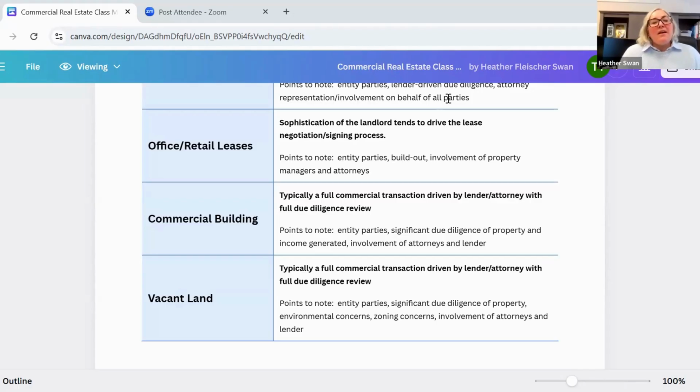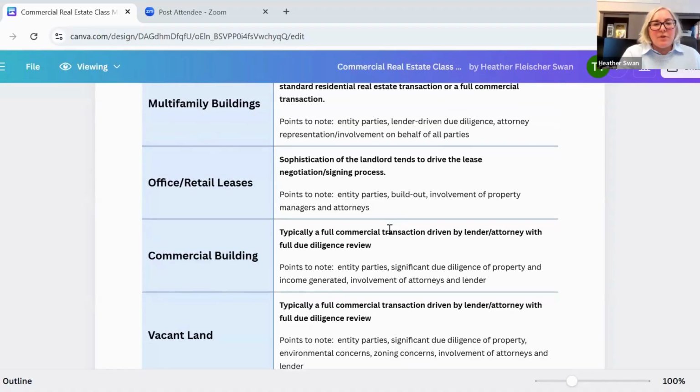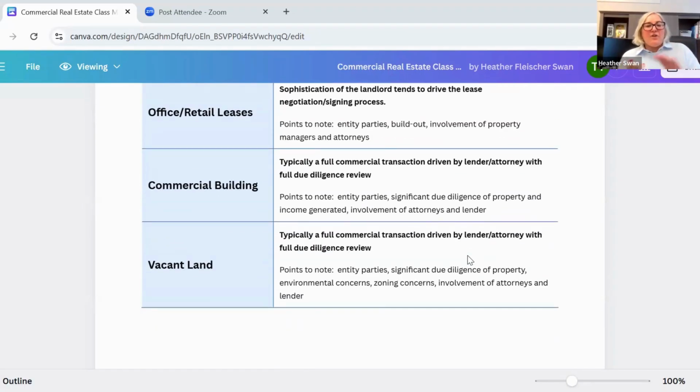So, all right. Real quickly here, because I want to be respectful of your time, and we're coming up on 12:50. Again, a commercial building purchase is very similar to what I already said about a multifamily building: you're going to have significant due diligence of the property, and significant due diligence on what kind of income the property is generating.